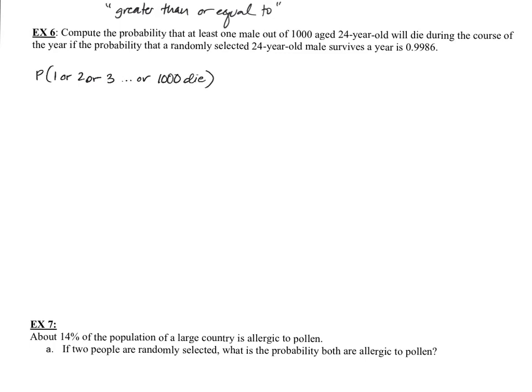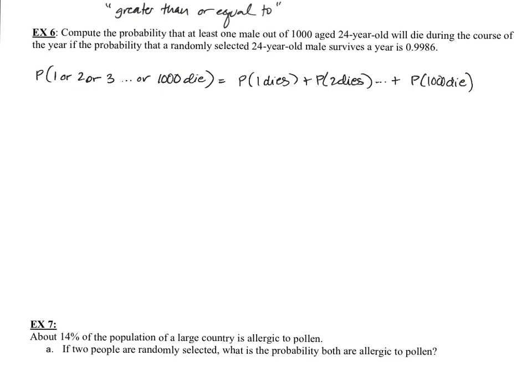A bit morbid here. Well, what would that be? We would have to end up adding all these probabilities: the probability that 1 dies, plus the probability that 2 die, and so on, plus the probability that 1,000 die. Tons of probabilities. This would take a really long time.